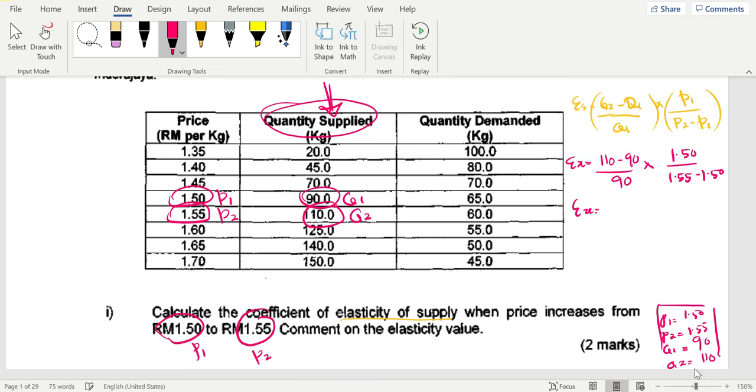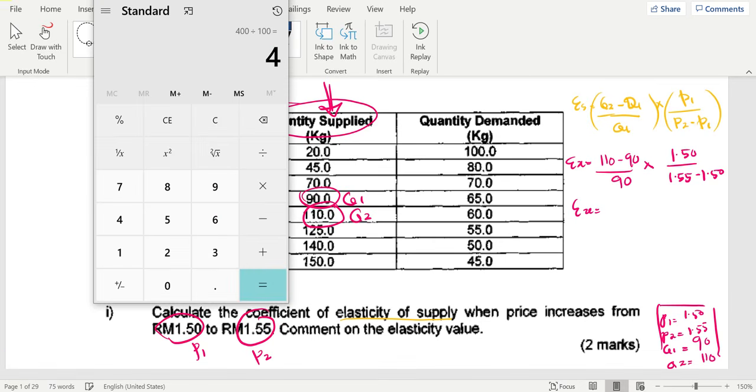With figures like this, you will be a bit confused, because there are a lot of values there. So calculate carefully, side by side. Make sure you calculate side by side. So 110 minus 90 divided by 90 equals, if there are many like this, take 2 decimal places. If 2 cannot round up, it will be 0.22.